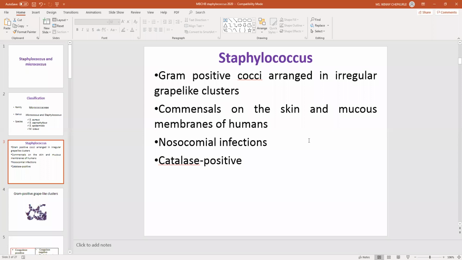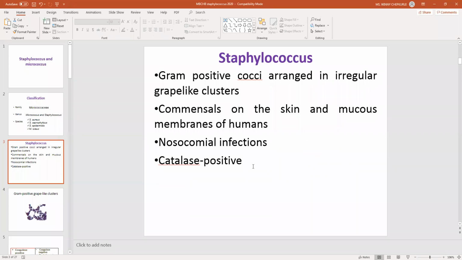And this makes them important in causing nosocomial infections. Because remember, infections will result, especially when these colonizing strains enter a sterile site, either as a result of trauma or abrasion through the skin or the mucosal surface, mostly through invasive procedures.